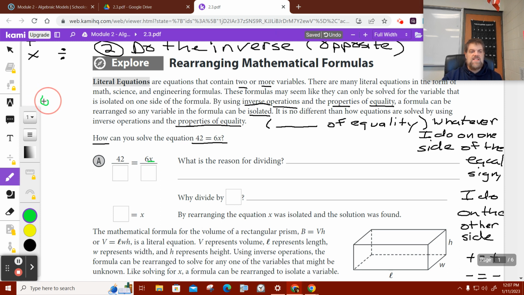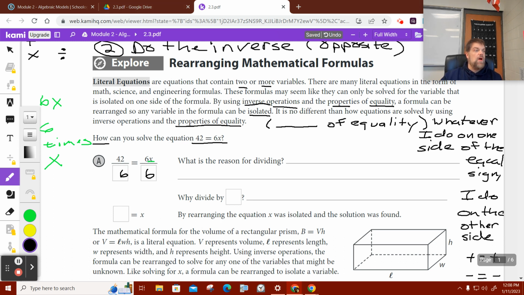When I say 6x, what I'm really saying is 6 times x. What's the inverse of multiplication? Yes. So we would divide by 6. And whatever we do on one side of the equal sign, we have to do on the other.